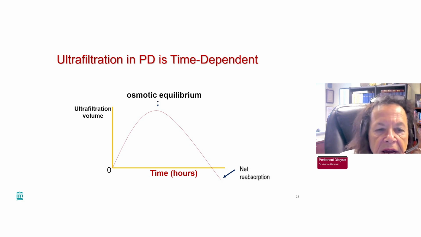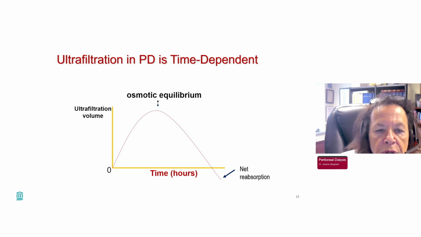And because of that, you get an ultrafiltration curve. In other words, you see the ultrafiltration volume on the y-axis and the time on the x-axis. And over time, you start off with rapid ultrafiltration because the osmotic gradient is the greatest right at the beginning.